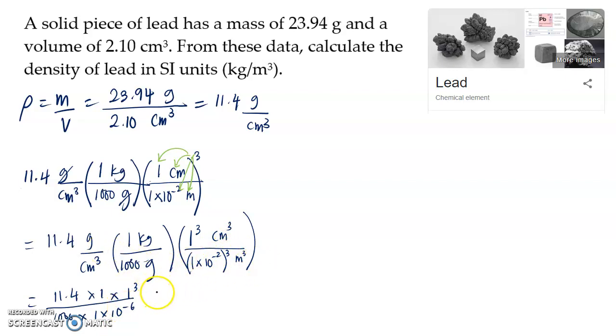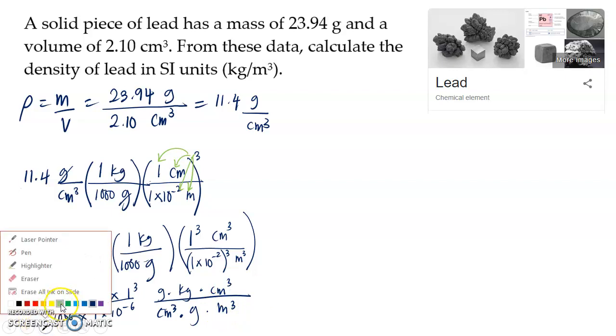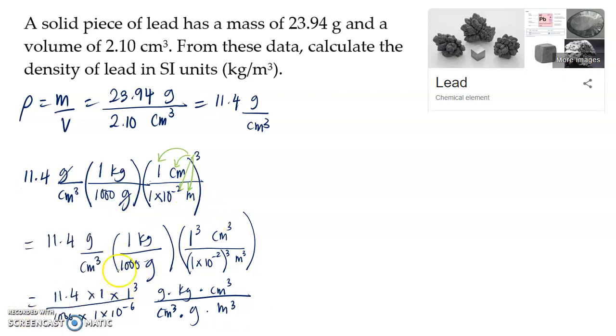And then we can list all of the units together: gram, kilogram, and centimeter cube, divided by centimeter cube. We have gram again, and last, meter cube. So we can eliminate the common unit that appears both in the numerator and the denominator, which is gram, and centimeter cube with centimeter cube.